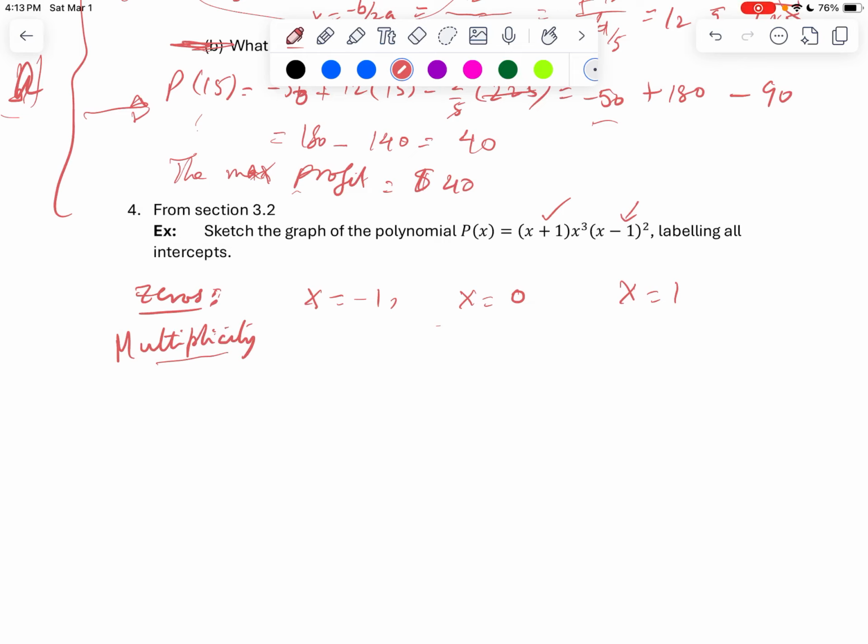So which factor gave us x equal to -1? The factor x plus 1. So you look at what is the power on that factor. You can see there is no power here, so we will say the power is 1. So the multiplicity of -1 is 1.